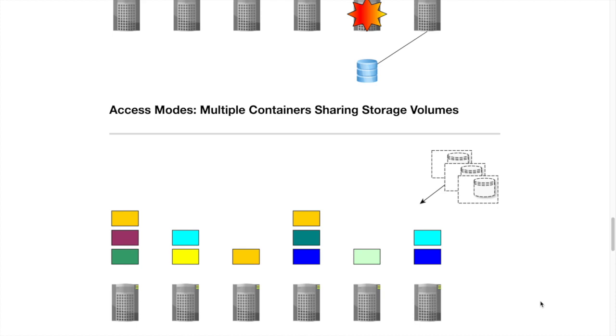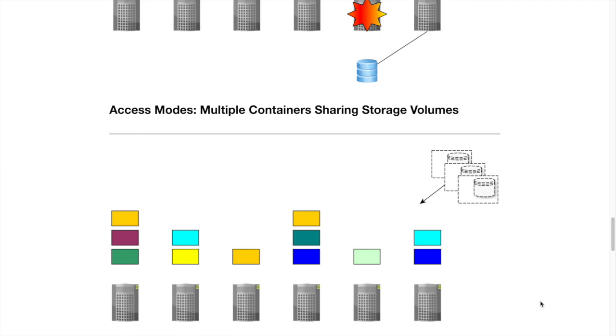Now, on that node, you could have any number of containers that are accessing that volume, but the access is limited to one node. The second type is multi-writer access mode. And what that means is I can have multiple nodes simultaneously do read-write to a particular volume. And the third is multi-read-only access mode.